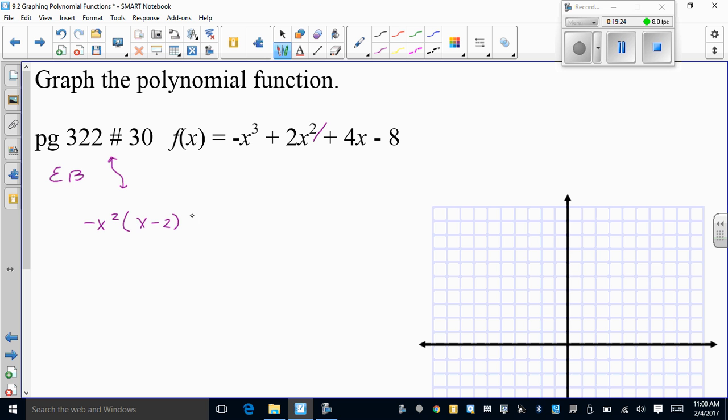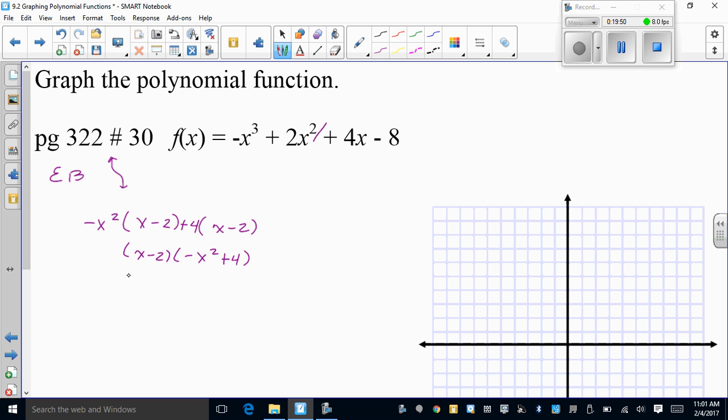And remember, the second parentheses has to have the same factor of x minus 2. If I pull a factor out of here, it's going to be 4. Since I have nothing in front of the x now, it's going to be plus 4. So my factors are x minus 2 and negative x squared plus 4.